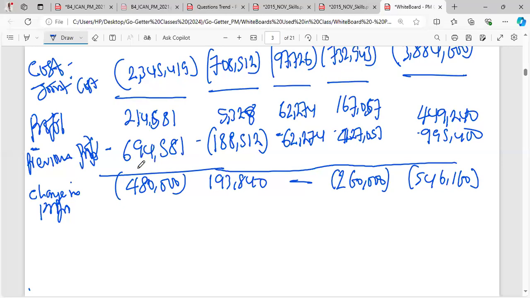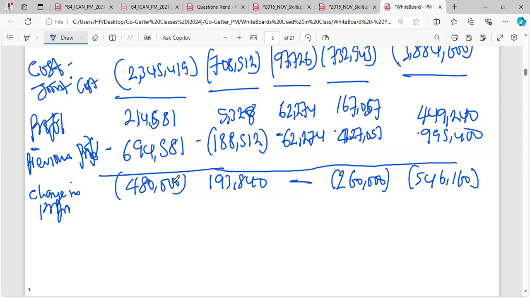Let me repeat myself. The previous ones we did in the first part have higher profits than this current one. So this current one would have given you a loss in cash flow of 480.